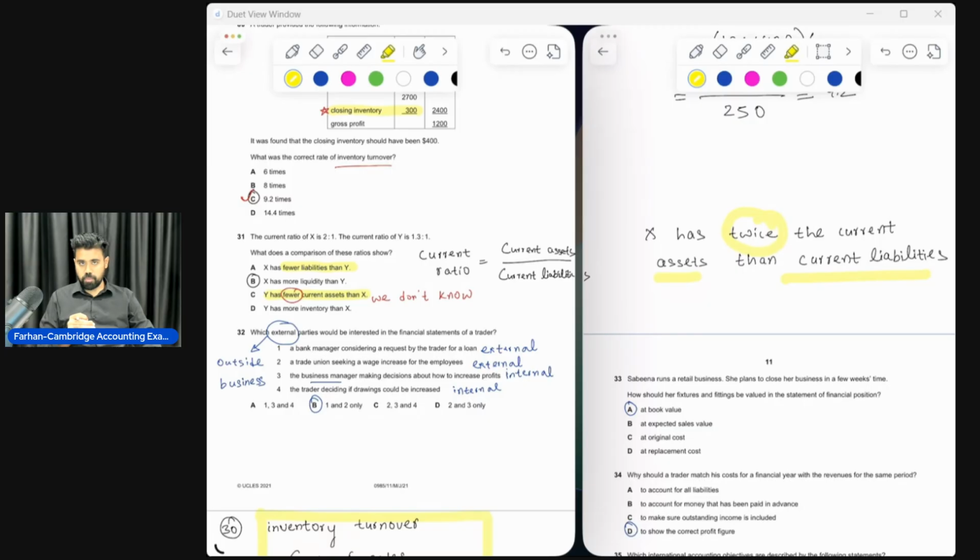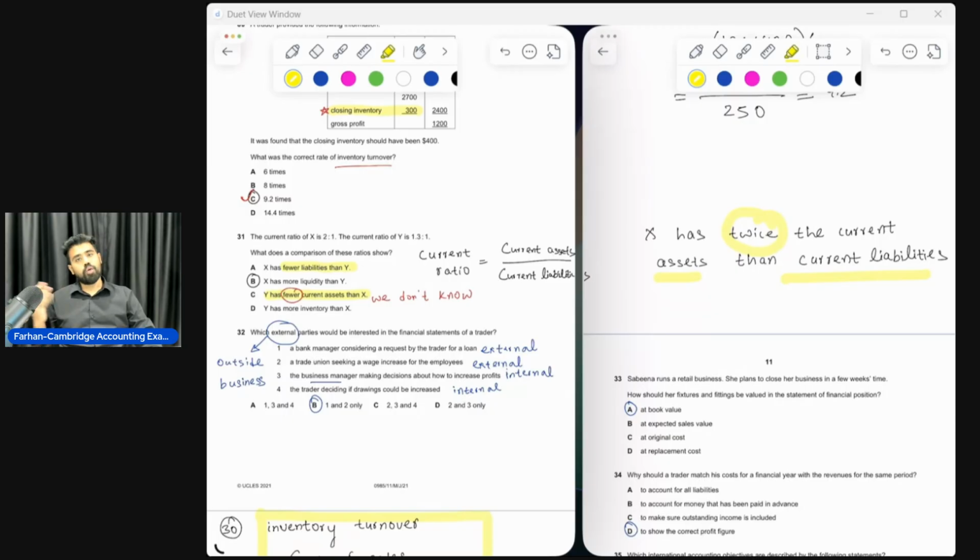Let's just assume the current ratio of X, which is 2. If X has current assets of $200,000 and current liabilities of $100,000, $200,000 divided by $100,000 would give a current ratio of 2.